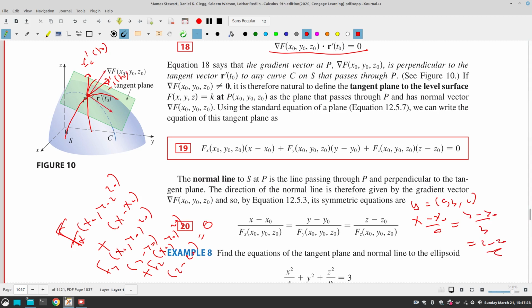So the line parallel to the gradient is given by x minus x naught by fx, y minus y naught by fy. This is your a, this is your b, and this is your c, because these are the components of the gradient vector.